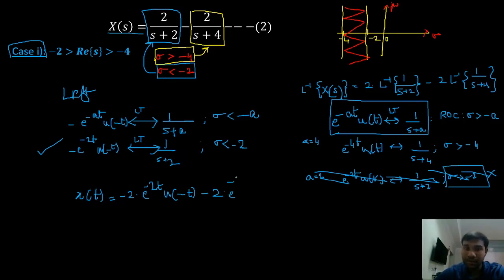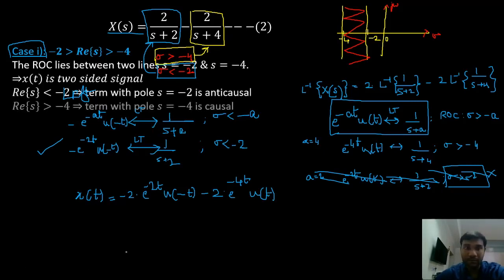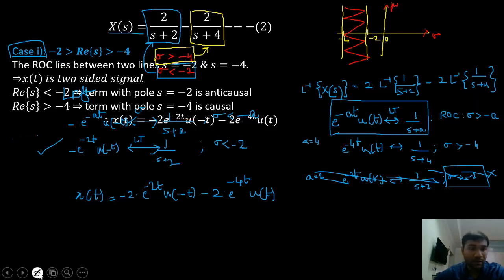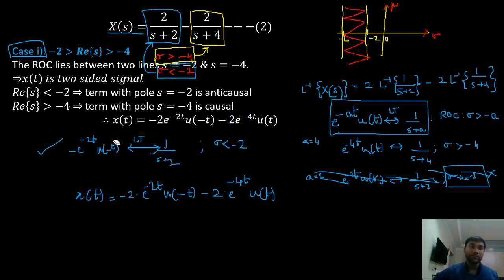E power minus 4t u of t, right? Now let me erase this stuff here. So that is my final answer for case 1. Case 1 is closed here.